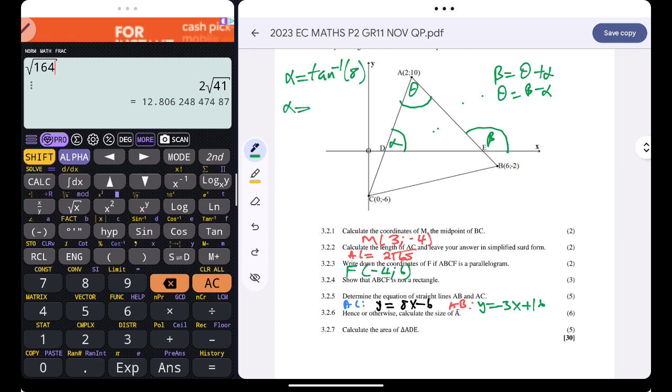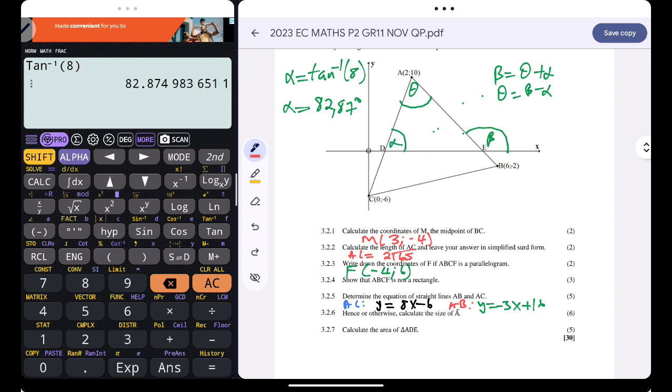And then what is alpha? Shift tan 8. This is 82.87 degrees.